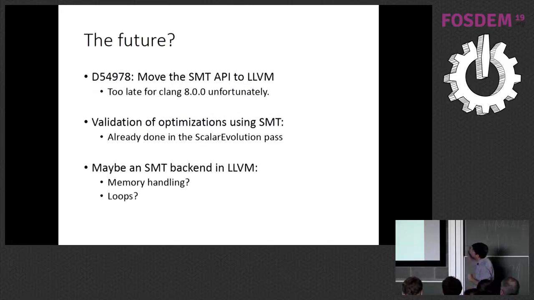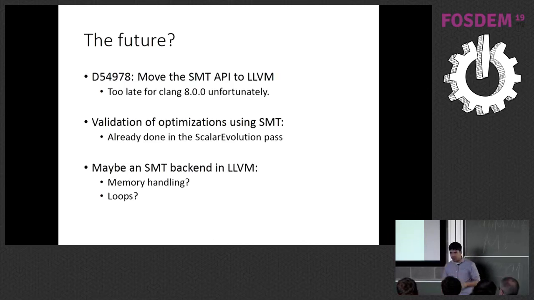So what's the future now? The future starts with that patch called D54978. It was too late for Clang 8, unfortunately. But basically, it's moving the SMT API to LLVM. And what does it bring to us?